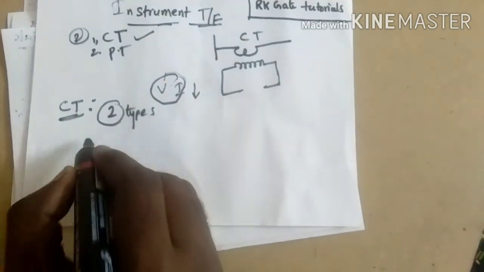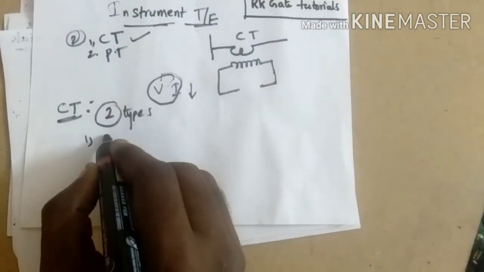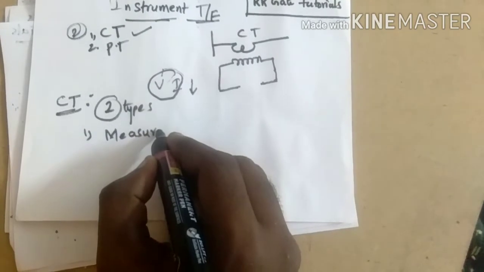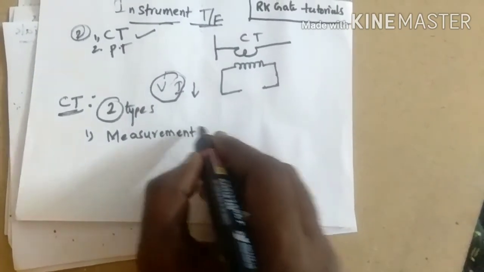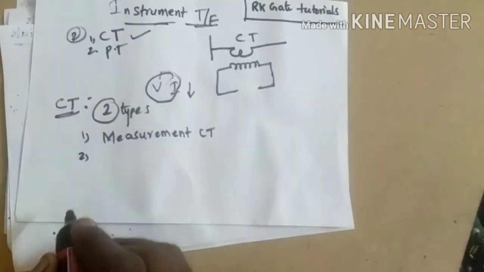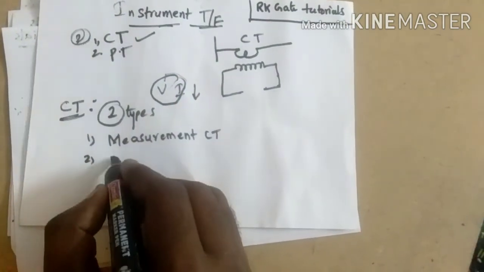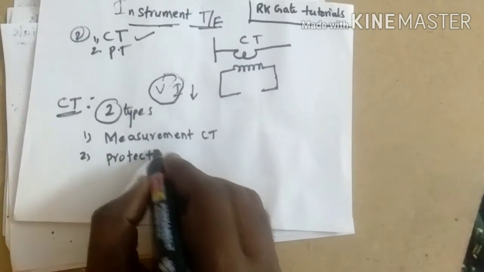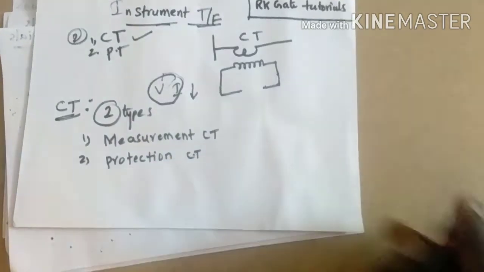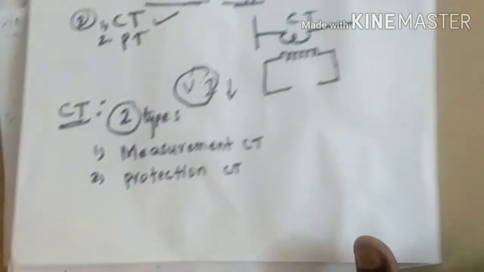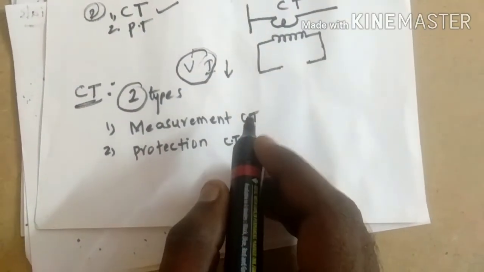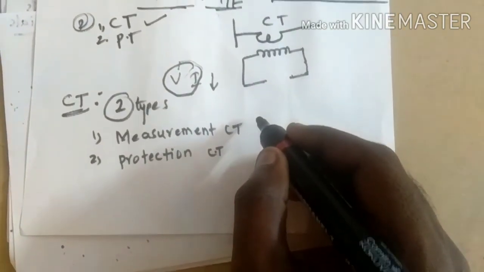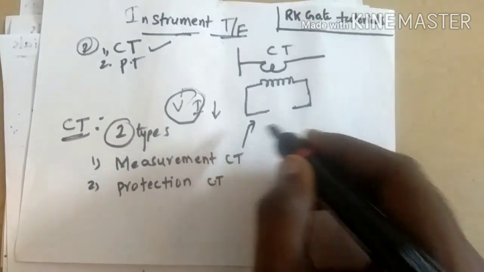The first one is the measurement CT, and the second one is the protection CT, which I have already seen in the previous class. So how would the measurement CT be, and how would the protection CT be?